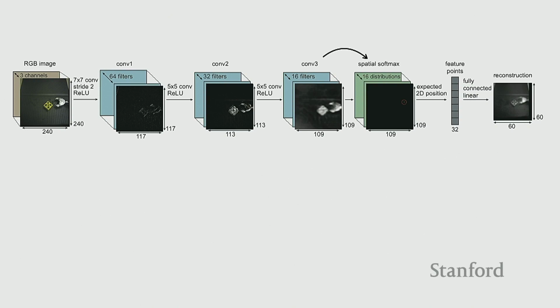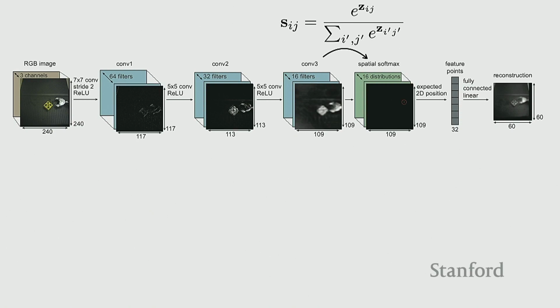And the way that this can work is that you take your last convolutional map, then you take a softmax over the spatial dimension of that map. So then you're going to get a probability distribution for each channel of your conv3 map.